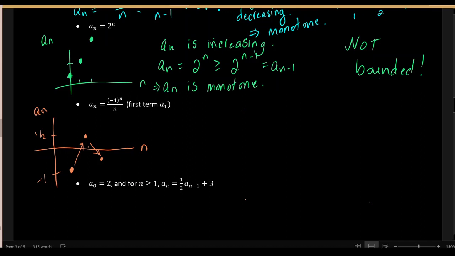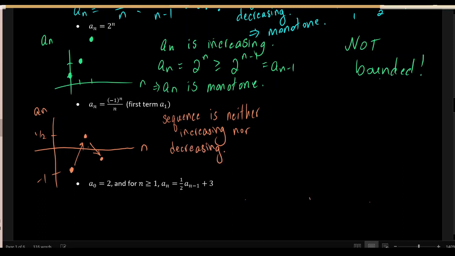Because these values went both up and down, this sequence is neither increasing nor decreasing. And because neither of those conditions is satisfied, we can safely conclude that the sequence is not monotone.